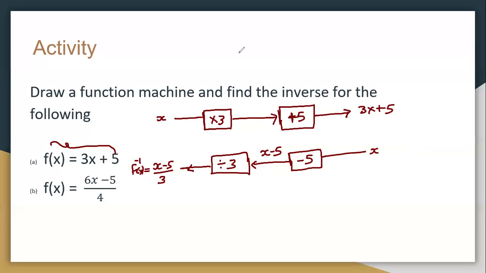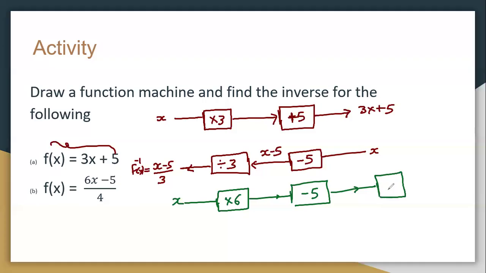Okay. Thank you. Yes, Alia, we go to the second part. Okay, so the second part, the input is x, then times 6, then minus 5, then divide by 4.